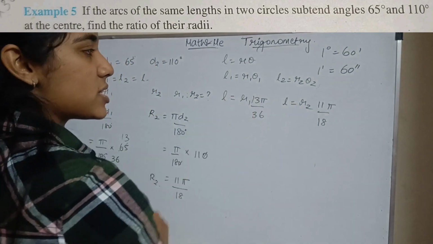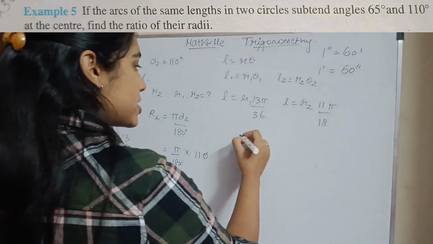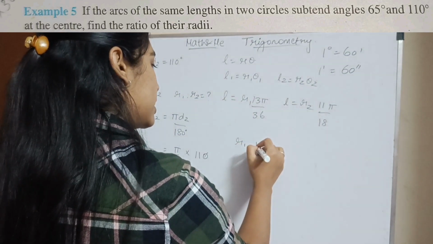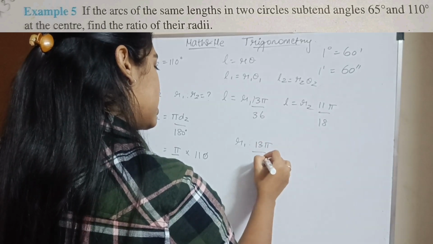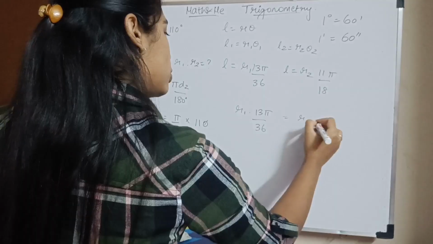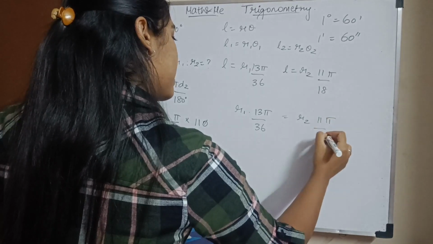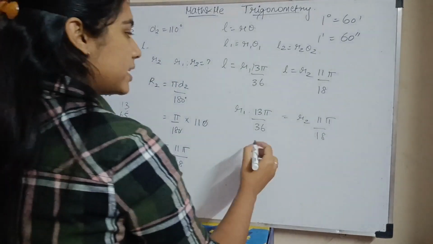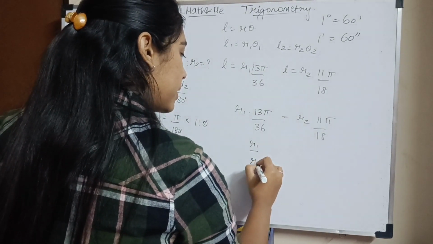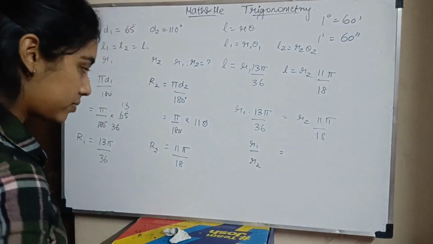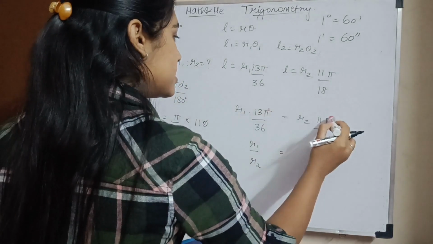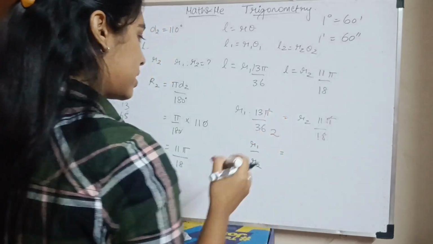The two LHS are equal, so I am going to equate the RHS. So R1 times 13 pi divided by 36 equals R2 times 11 pi divided by 18. R1 by R2 is nothing but, first the pi and pi get cancelled, then 18 2s are 36.